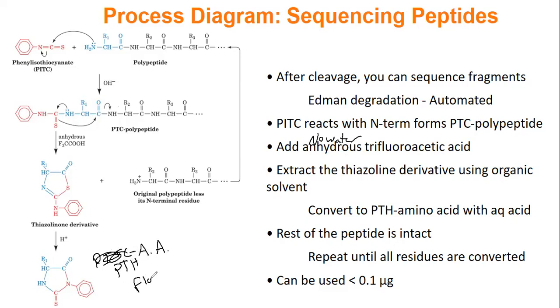This is fluorescent. And so you measure the fluorescence of this PTH amino acid. Each amino acid has a different signal, so you know what amino acid is on your N-terminus.